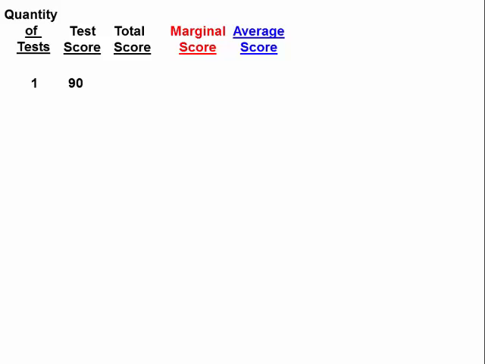Your total in the class then, if it's only based on test scores, obviously is 90. The marginal score then is 90. You've gone from 0 to 1. The additional score now is 90, so that's the marginal score. And the average is the total divided by the quantity, which is 90.